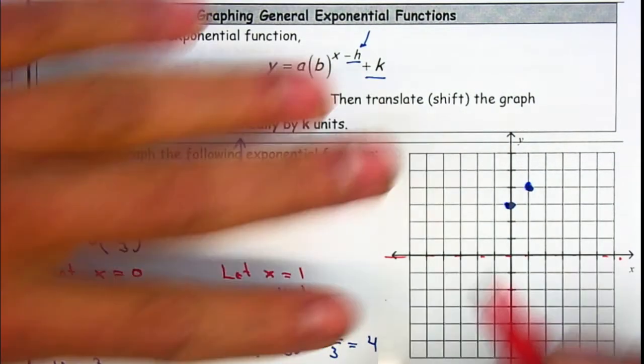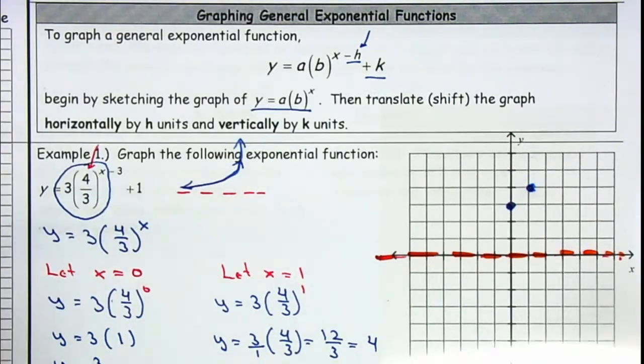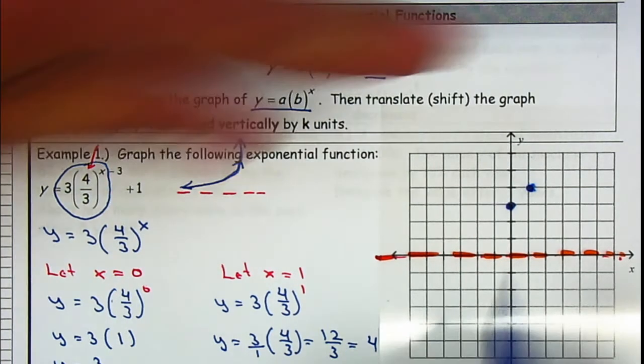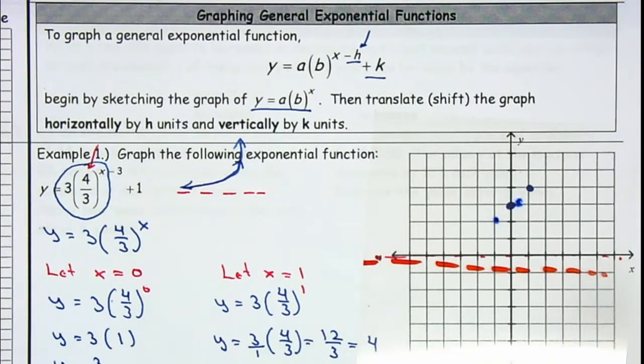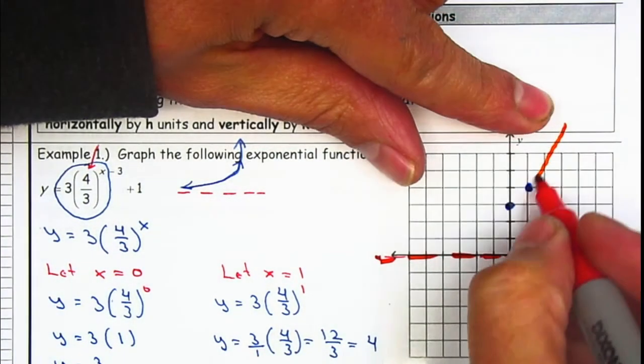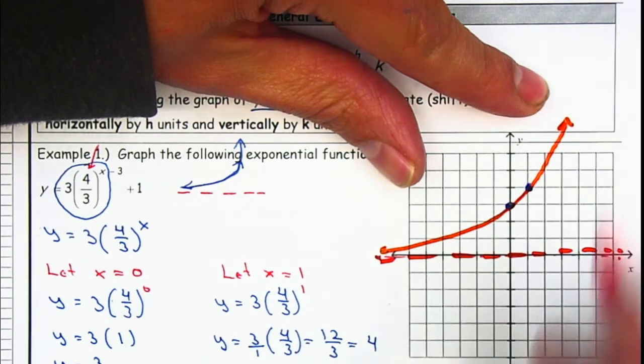My asymptote will be located here, and my graph will look something like this. Let me do it in red so you guys can see it. My graph will look something like this, getting closer to the asymptote, and it will be higher.